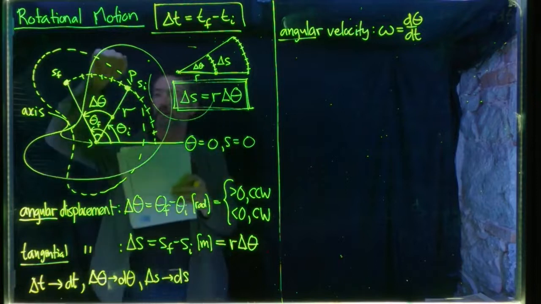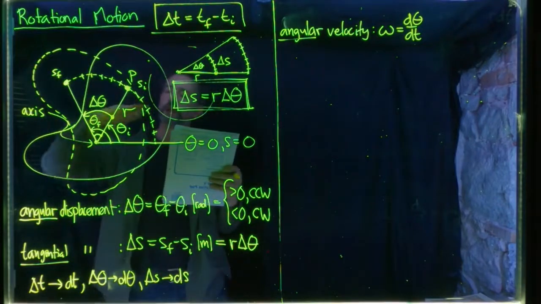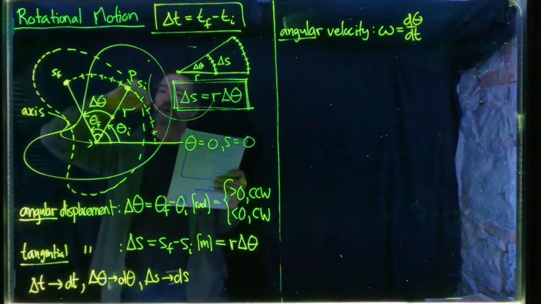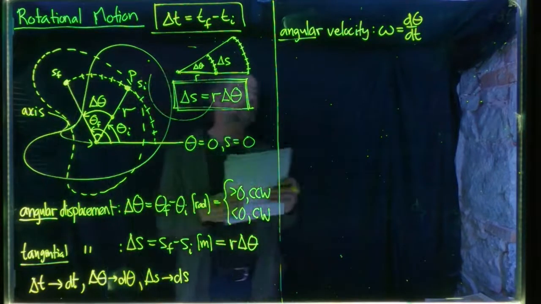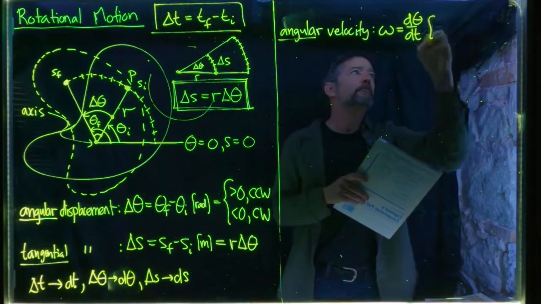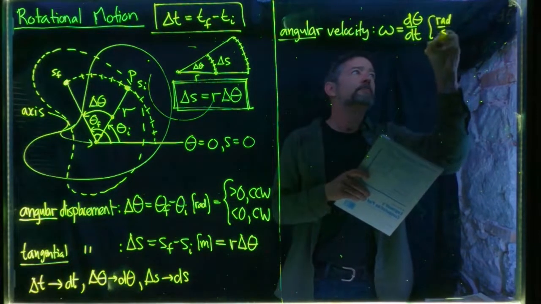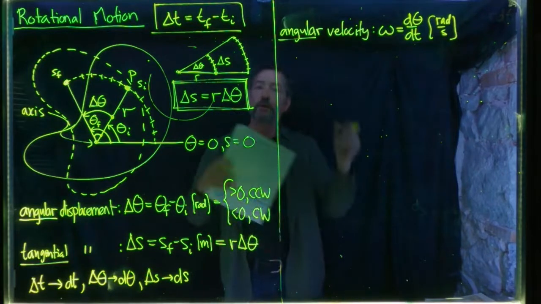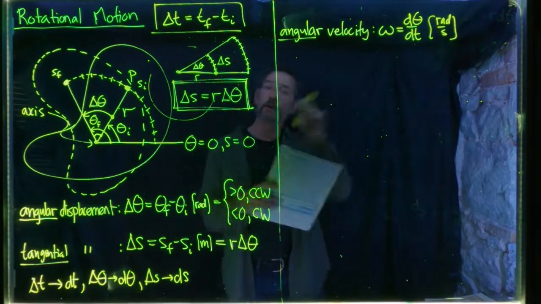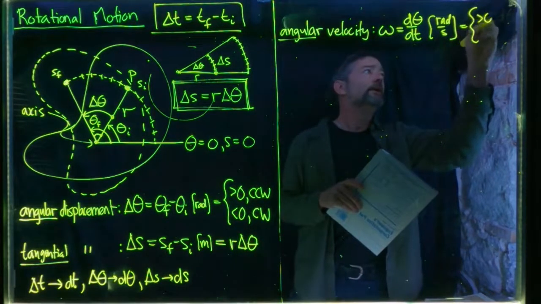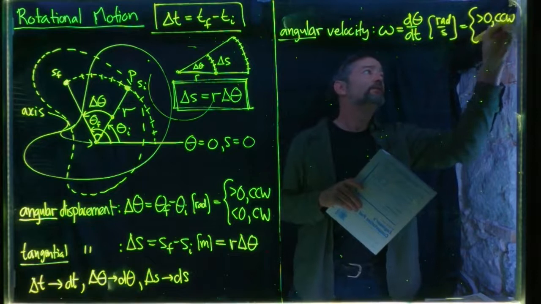So if it's rotating rapidly, it'll be rotating at a large number of radians per second. So in 1 second, the angular displacement will be a large number of radians. So this is measured in radians per second. Okay, and that angular velocity can be positive or negative. It will be positive, greater than 0, for counterclockwise rotation.